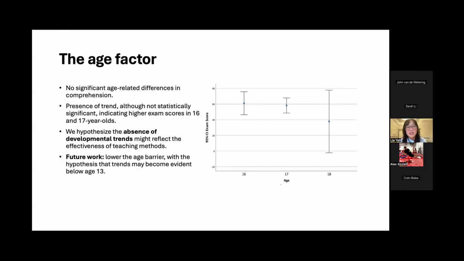So for these 16 to 18-year-olds, we can see that the score decreases slightly with age, by like 20%. Although we have many fewer 18-year-olds because that's the end of high school, so that doesn't tell us so much.